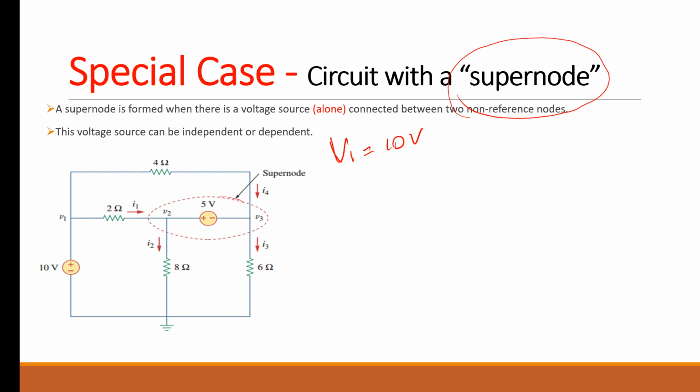we just keep the voltages as V2 and V3 at the two sides of the supernode, but we know that is a supernode. When you have a supernode, you can write the equation for the voltage. So if you start from V3, minus 5, minus V2 is equal to 0.